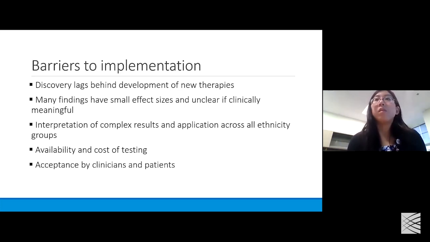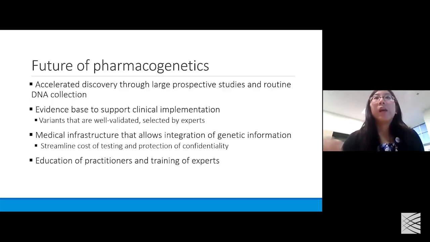We also have a lack of prospective RCTs to address whether testing improves patient outcomes. We need to understand whether performing these tests is really cost effective. And then finally, we need pharmacogenetic testing to be accepted by patients and clinicians in order to implement it in clinical settings.